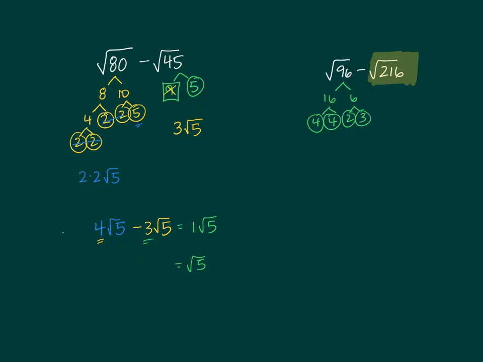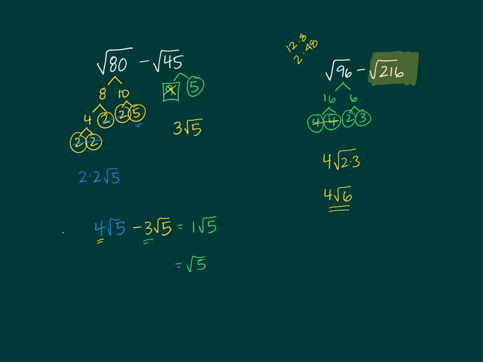So we have a pair of 4's. 4 comes out, a 2 and a 3 are left inside, so you get 4 root 6. Now remember, you could have simplified this lots of different ways. We could have factored it as 12 times 8, or 2 times 48, or 3 times 32. In the end, we would all get 4 root 6.